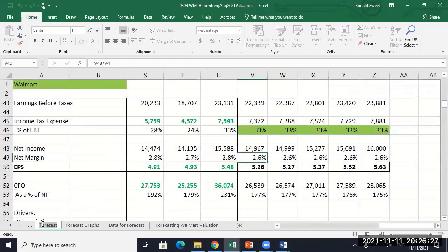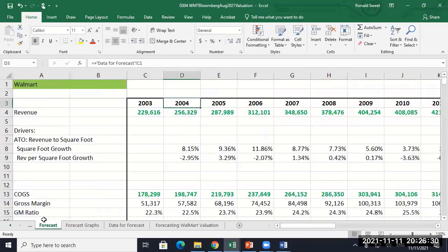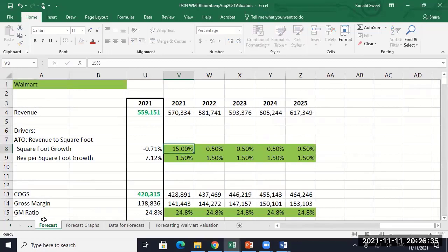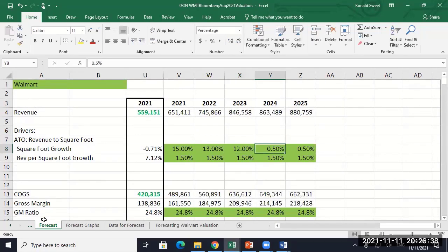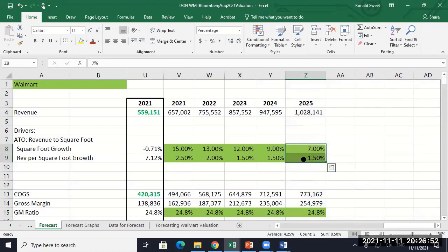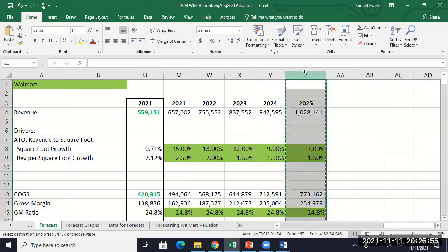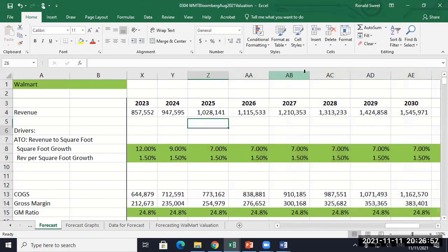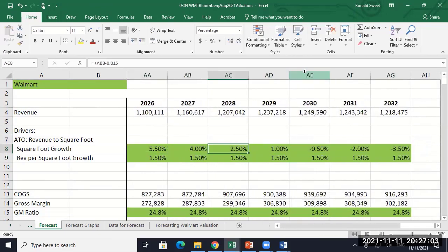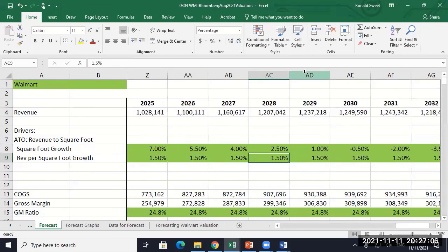All right, so here's my forecast for Walmart. Let me crazy it up a little bit. All right, the revenues are growing 8.5%. Have we hit terminal growth yet? Probably not. Maybe right there.